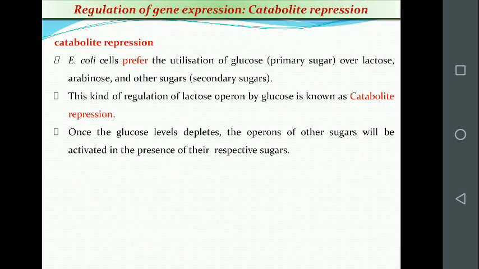The next topic is catabolite repression. First of all, let us try to understand the name of this topic. This is also a repression process in which something will be repressed or inhibited or stopped or switched off.